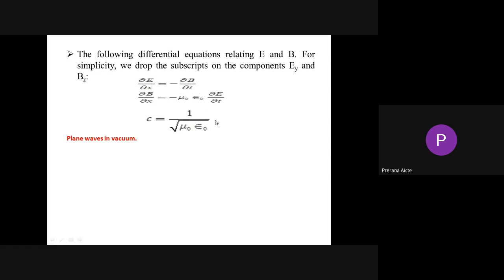Now, while the wave is propagating in vacuum, dielectric medium and free space medium, there are different planes. So in terms of vacuum, E of Z equals E of Y, whatever the direction may be.